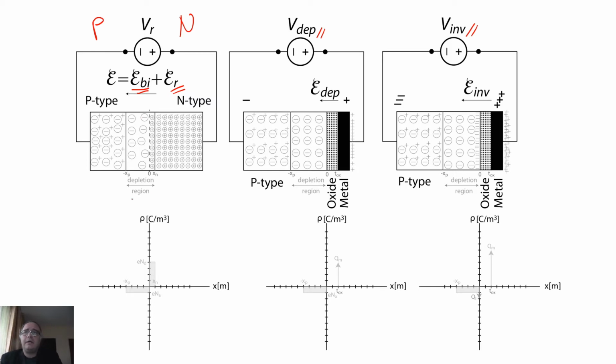Then if we take a look at how the charge is actually distributed in space, this here is the charge due to the negative ions, and it will be extended in an area xp with a concentration of Na, and Na is the concentration of the acceptor dopants for the p side of the semiconductor.